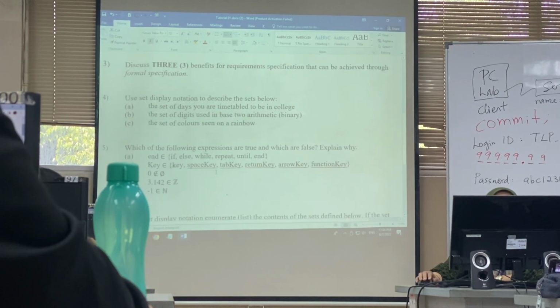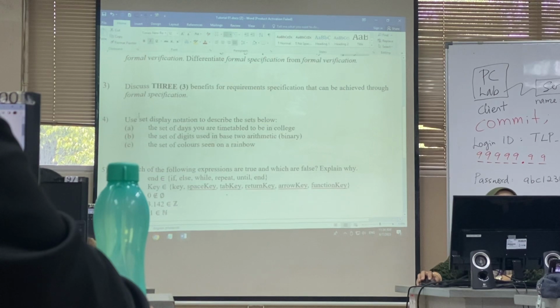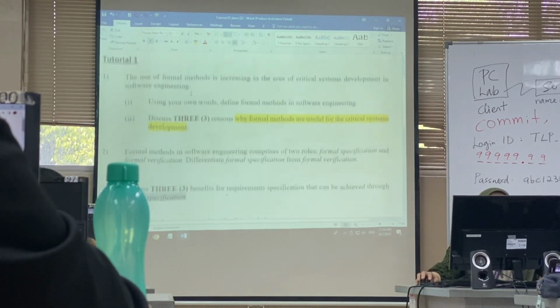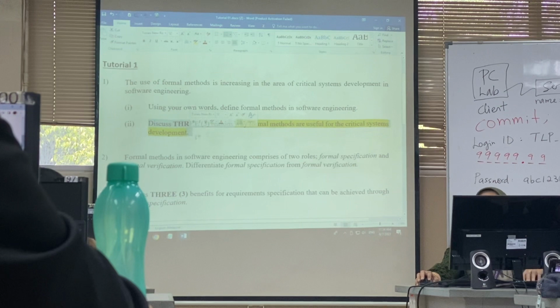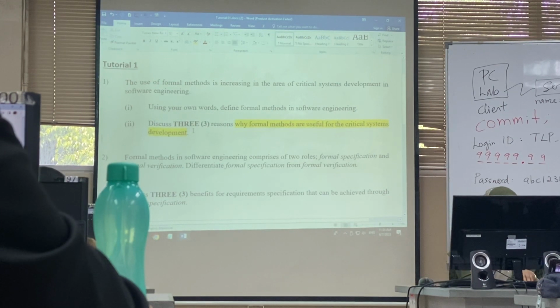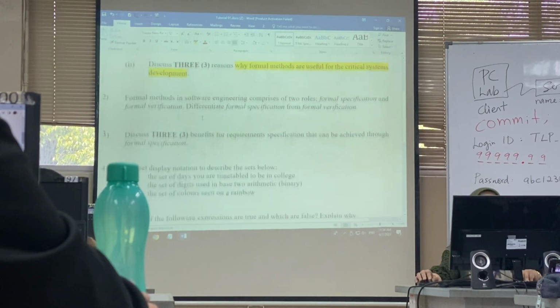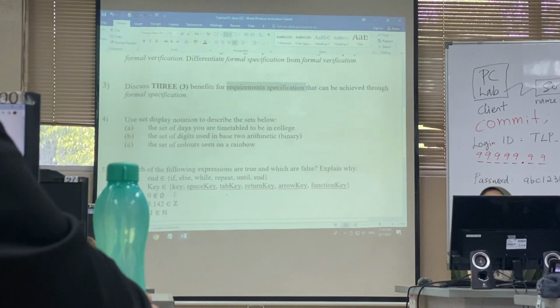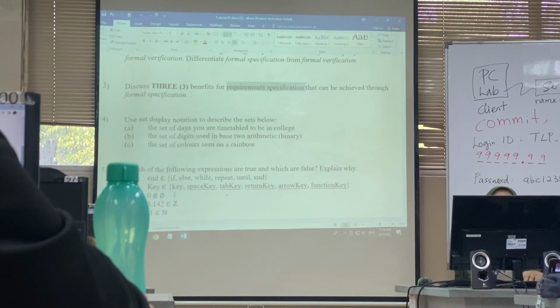Benefits of requirement specification can be achieved through formal specification. It's similar to the previous one, but this one you relate to the critical system. When we talk about requirement specification, one benefit is to clarify the requirement by removing any ambiguity.